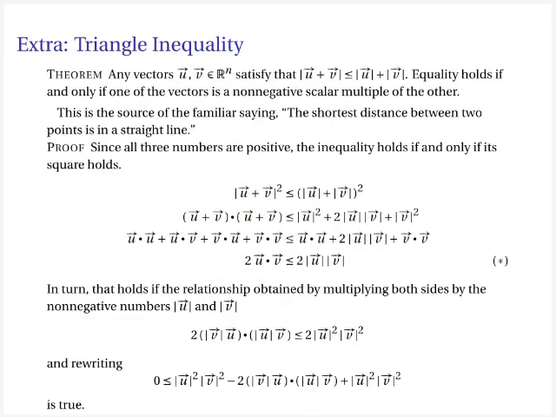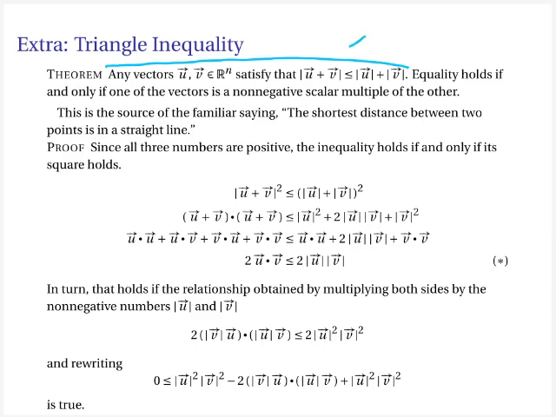Next, I talked about the triangle inequality in the previous deck of slides, but I want to use what we have now, dot product, to go through it. The triangle inequality has two separate sentences. The first sentence is the familiar one. Any two vectors satisfy that the length of u plus v is less than or equal to the length of u plus the length of v.